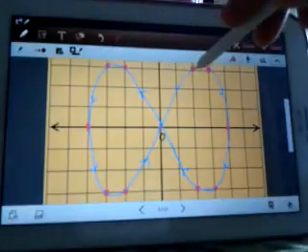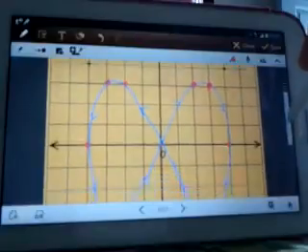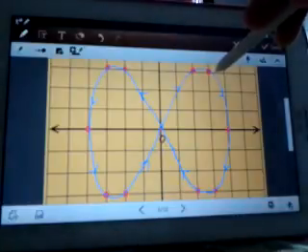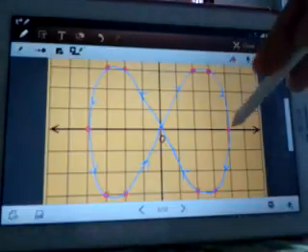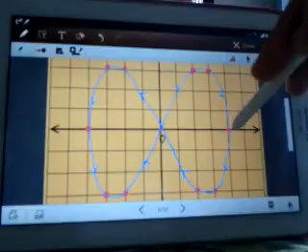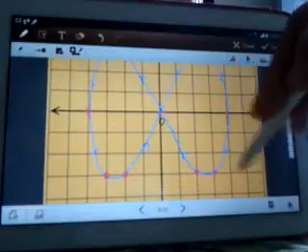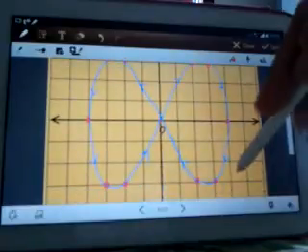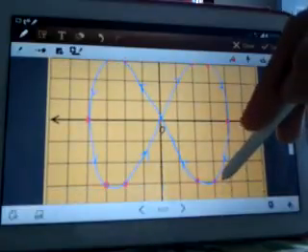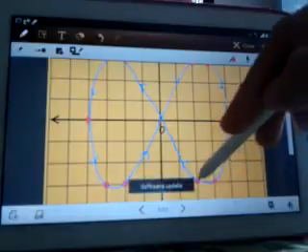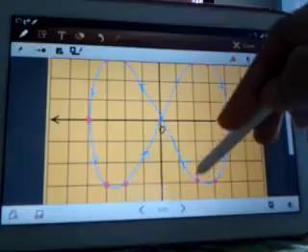Let this be the point; it's only a sketch. Then 0.866, 0.866, and this point is 1.0, and the next one we get another point at negative 0.866, and then another one.